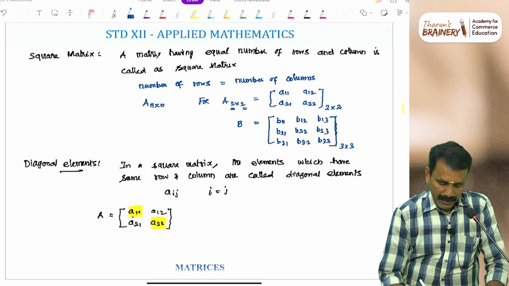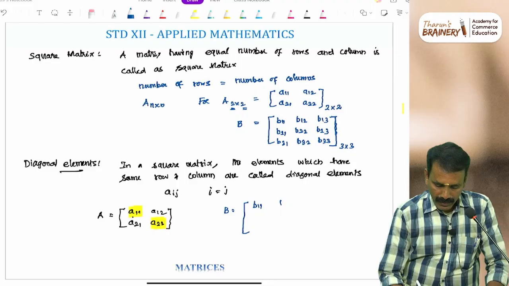Suppose I have another matrix B11, B12, B13, B21, B22, B23, B31, B32, B33.